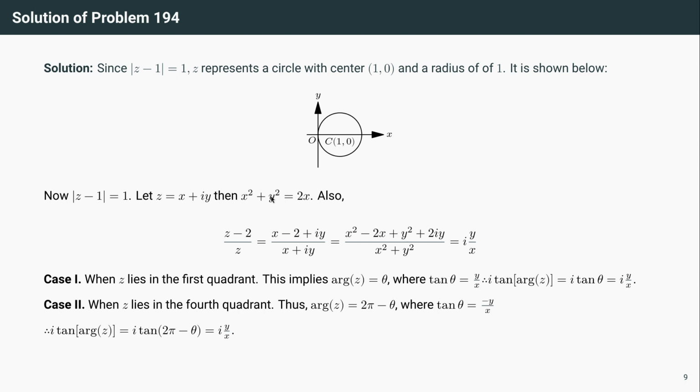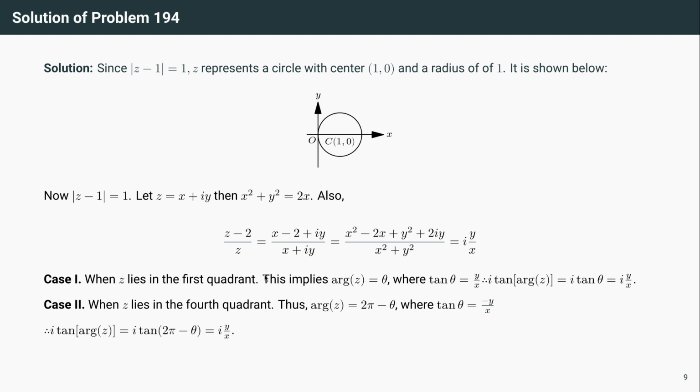Now you know that x square plus y square is equal to 2x. So this real quantity will become 0 and we will have iy by x, because we substitute 2x here. So 2 will get cancelled and y and x will remain. Now there will be two cases. As you can see from the diagram, the upper semicircle lies in the first quadrant and the bottom semicircle lies in the fourth quadrant.